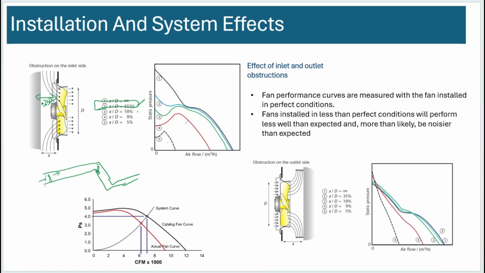The same thing for the outlet: you could probably get up to 18% of the outer diameter. So you can have a wall slightly closer than at the inlet, and you still won't have much of an effect on the fan curve. If you don't see a big change in the curve, your operating point change might not be that significant.